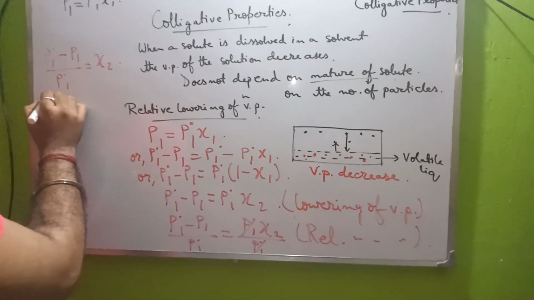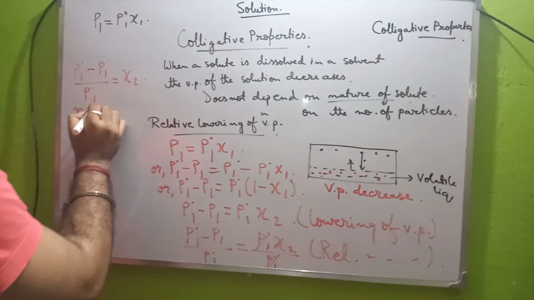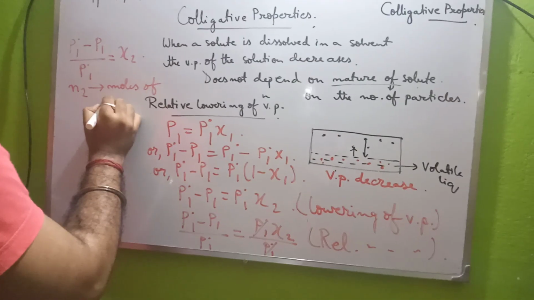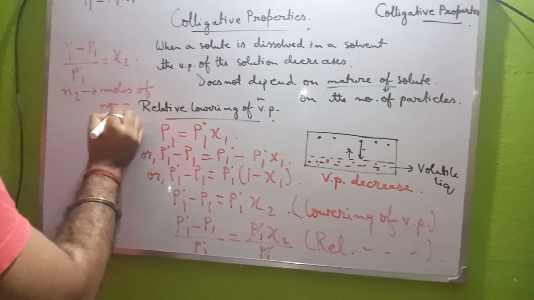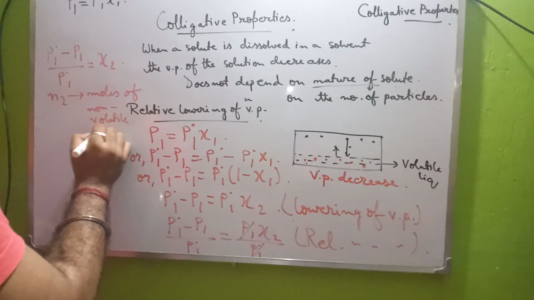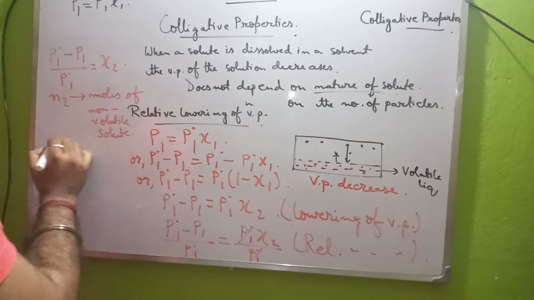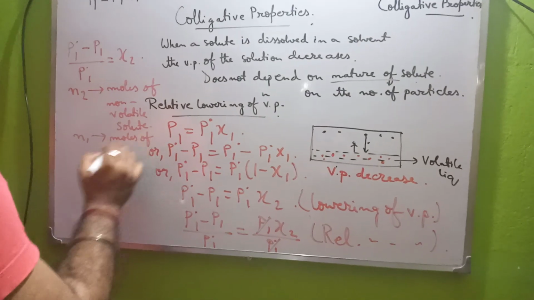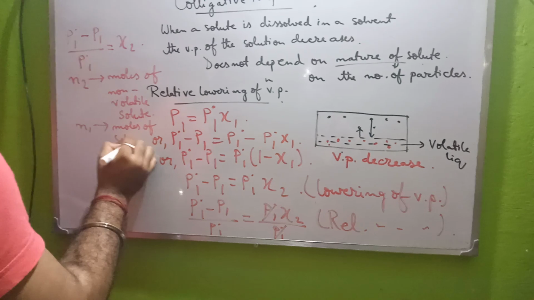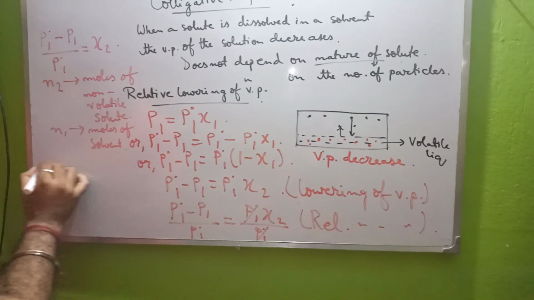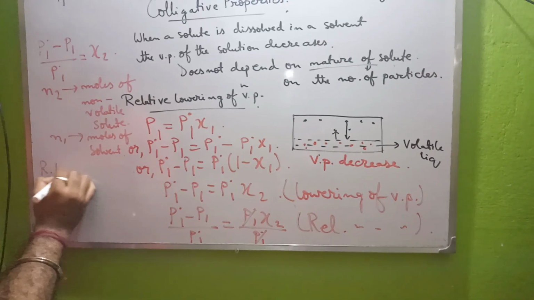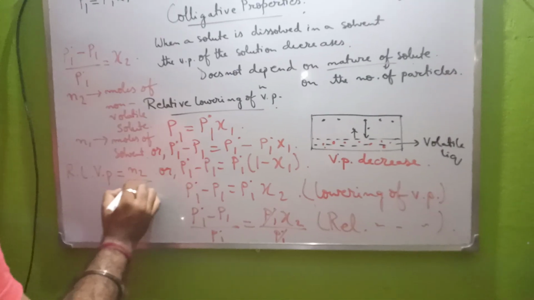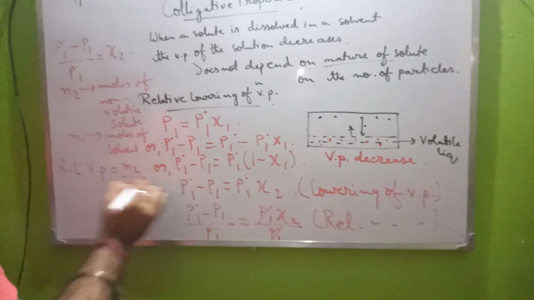Now suppose I have taken n2 as moles of non-volatile solute and n1 as moles of solvent. Then according to relative lowering of vapor pressure, what can I write? n2 by n1 plus n2.